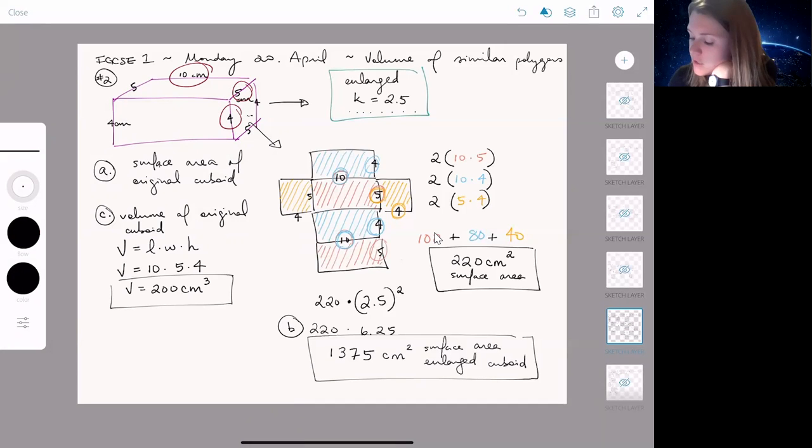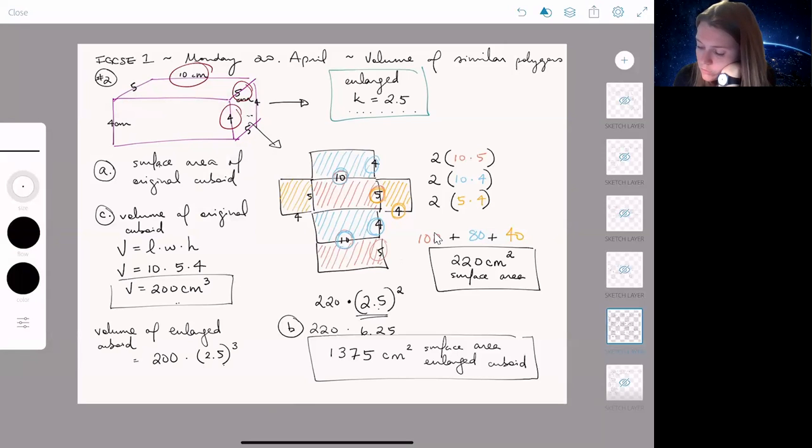Cubed, not squared. So now when we're trying to find the volume of an enlarged cuboid, it's going to be very similar to how we find the surface area of the enlarged cuboid. For surface area, centimeters squared, I multiplied that k variable twice. Well, if I'm looking for the volume of the enlarged cuboid, it is going to be 200, the volume for my smaller one, times k, which is 2.5 cubed, 3 times, not 2 times.